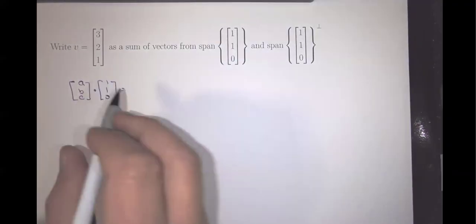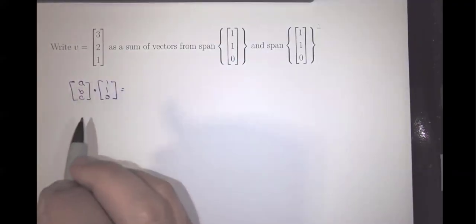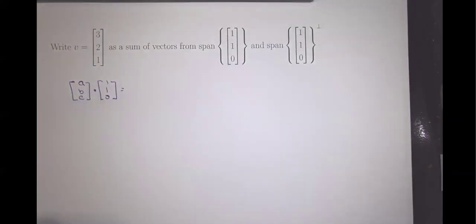Okay, so if I take a vector A, B, C, and I dot it with 1, 1, 0, and this dot product is equal to 0, this would give me orthogonal vectors.